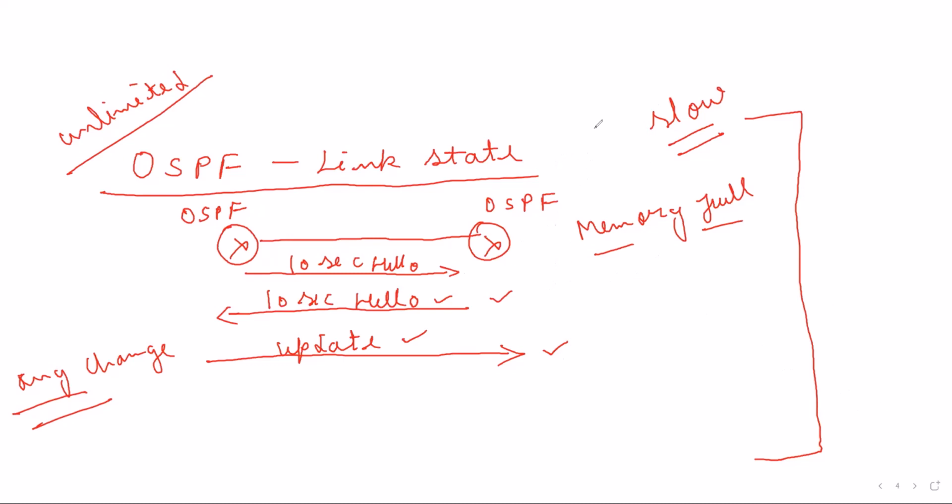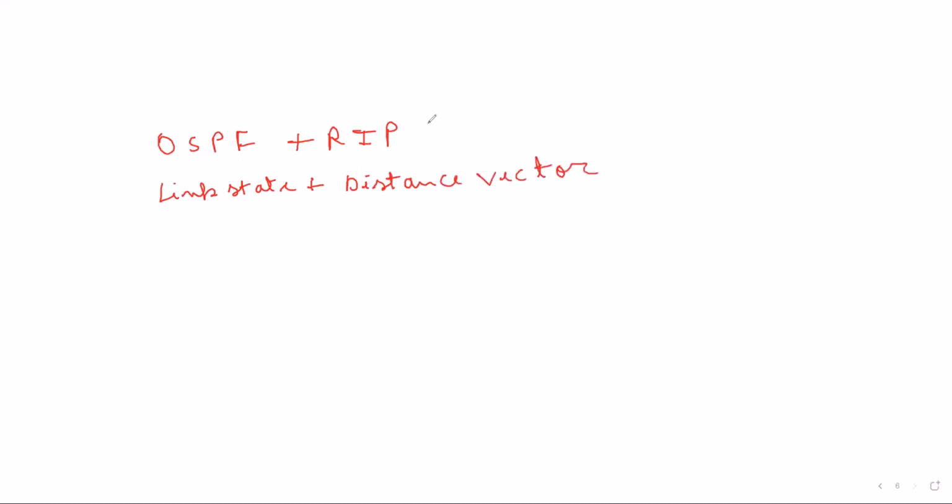Then what they did, I'm telling you only history: they mixed OSPF and RIP. They combined two protocols. OSPF's category is link state, and RIP's category is distance vector. If you combine two things, we say hybrid.